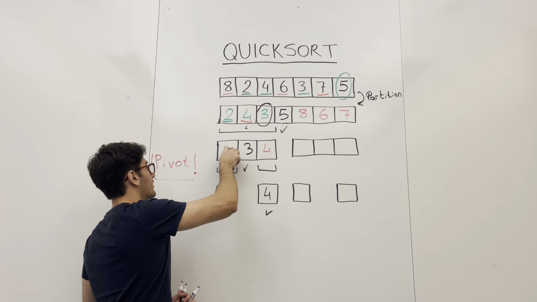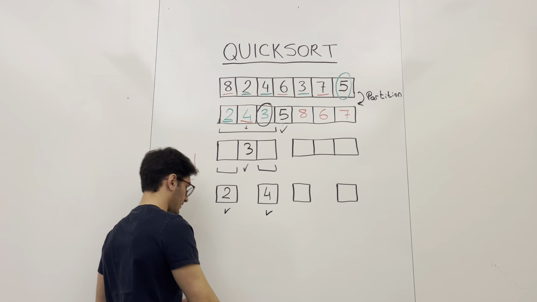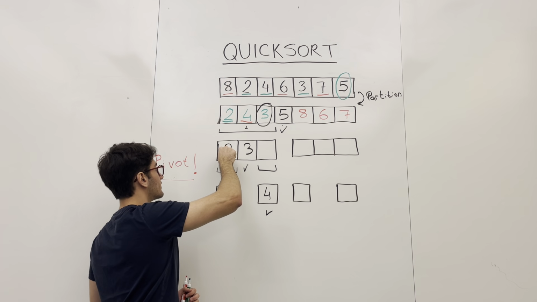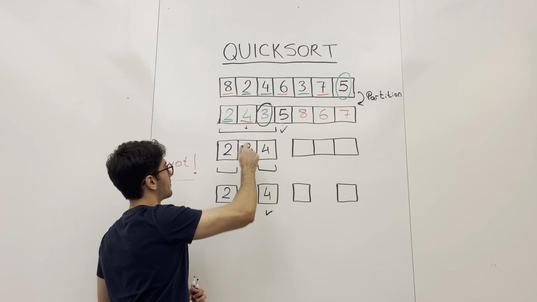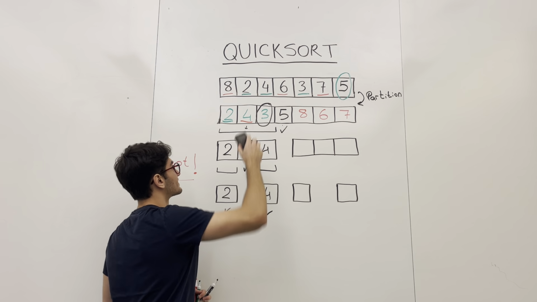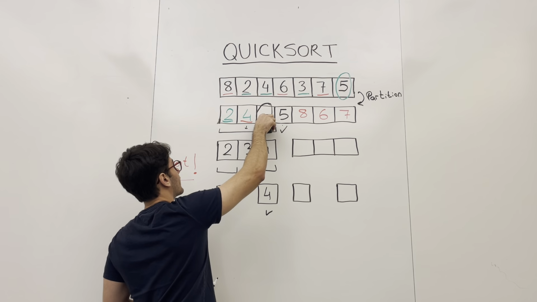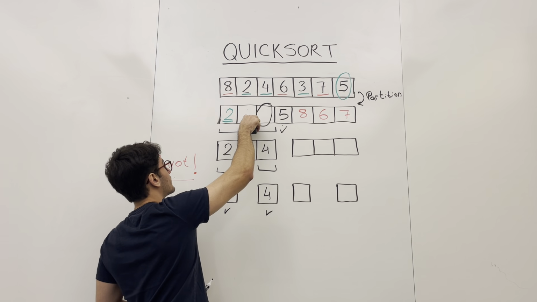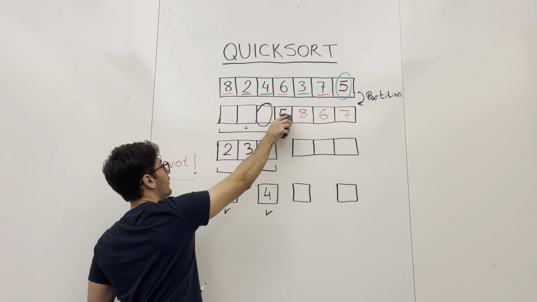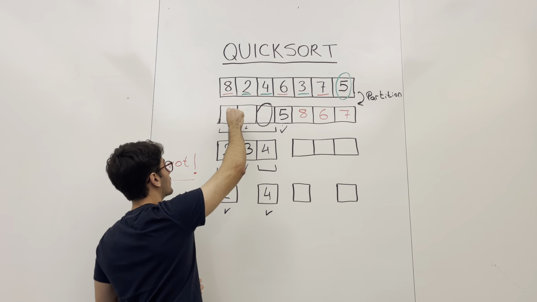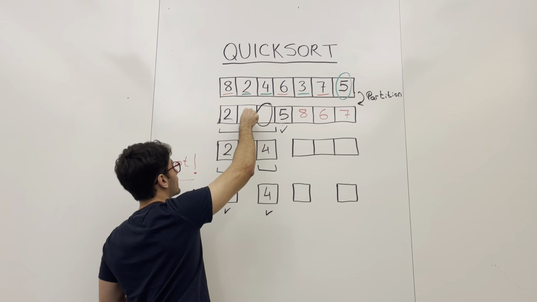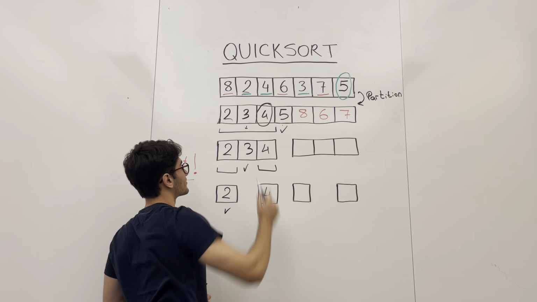So we can replace these and show that this is the right sorting for this subarray. And we can go one step below and show that the left side of 5 is sorted. So it's 2, 3, and 4, and comes 5.